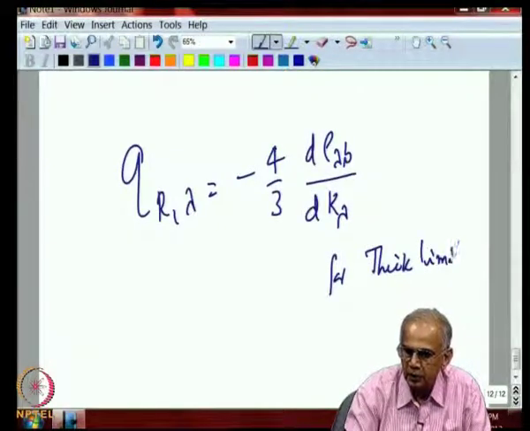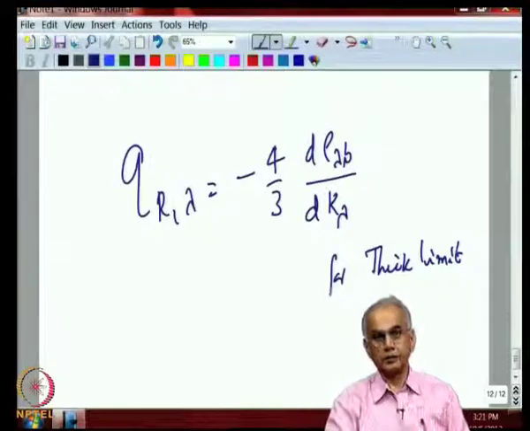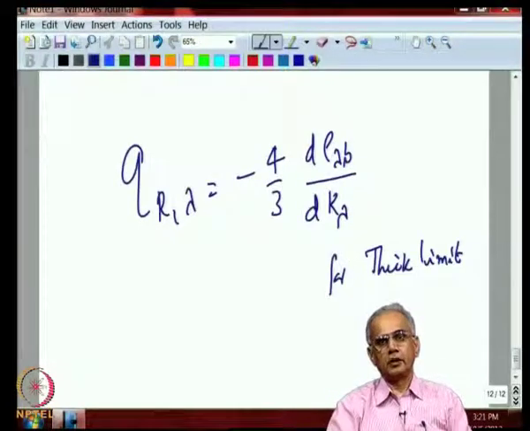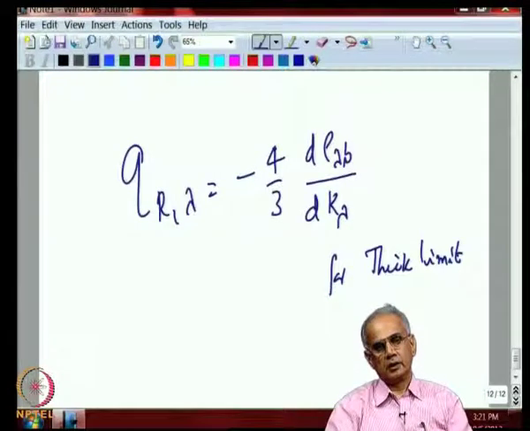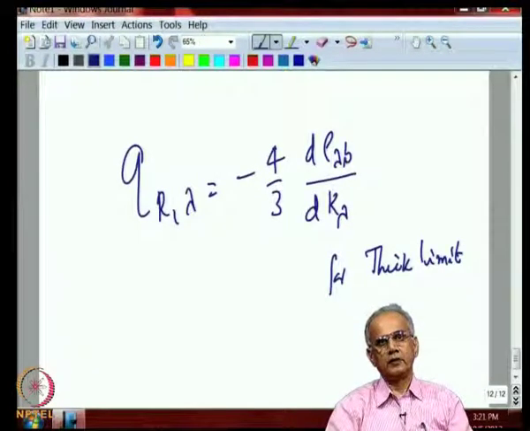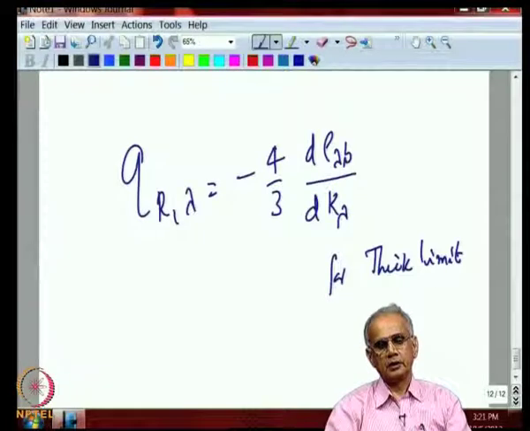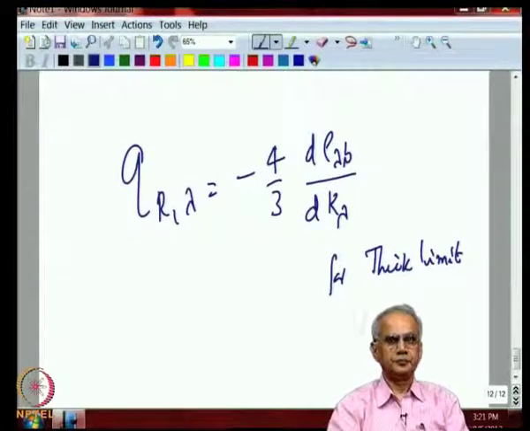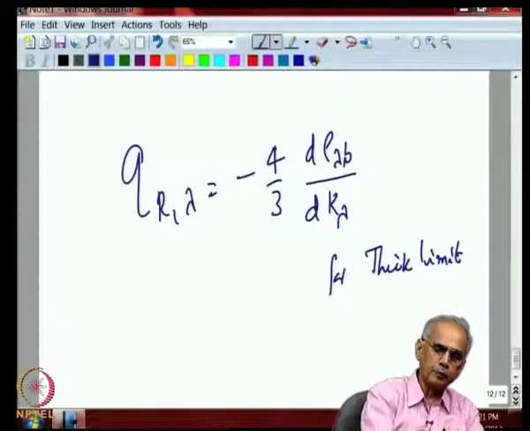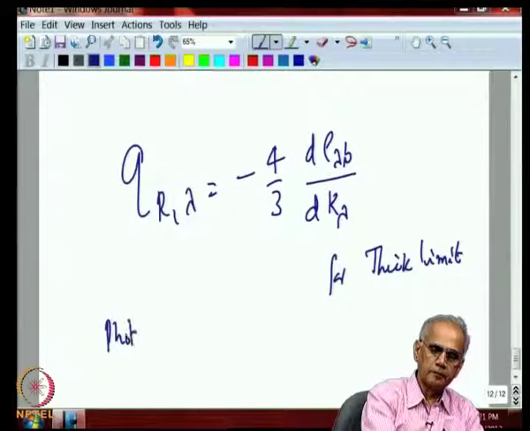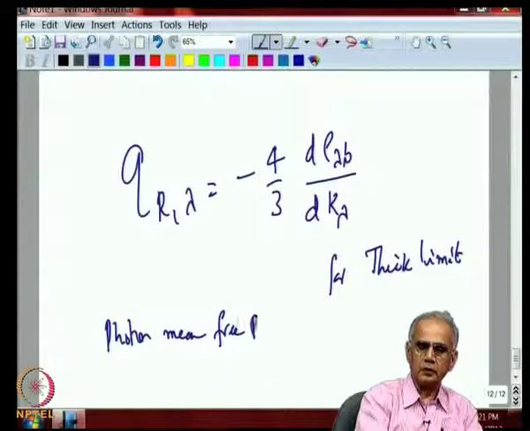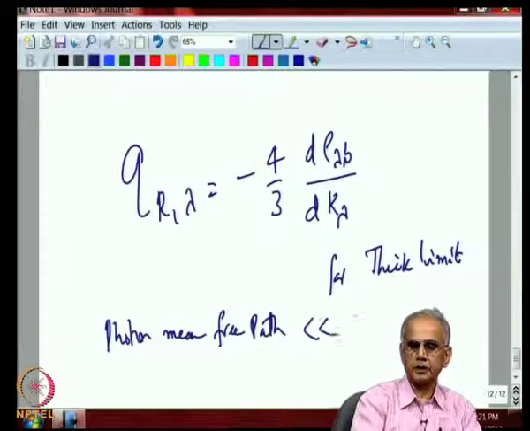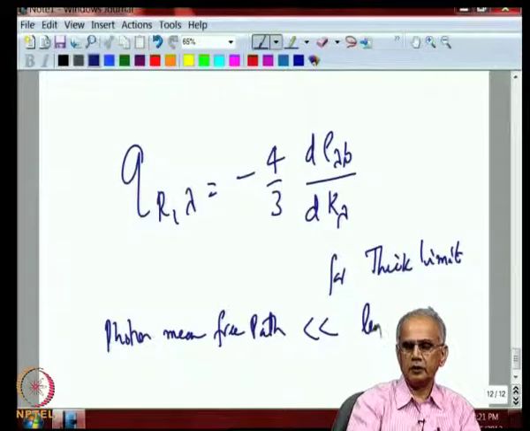This is a very useful and powerful result, because we have converted the basic complicated expression for radiative flux, which was an integral equation, into a differential equation. This has happened because the photon mean free path is much smaller than the length scale of interest to us.